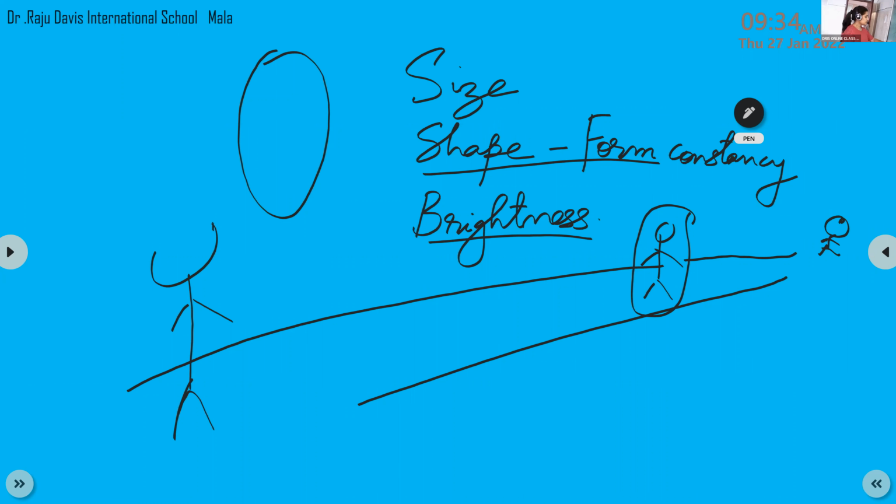So these are the constancies related to the visual field. Generally, we consider them constancies of the visual field, but we call them perceptual constancies. Is that clear? Okay, now just take page number 103.